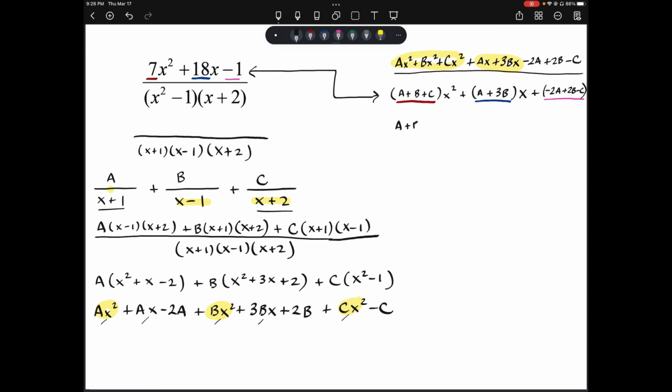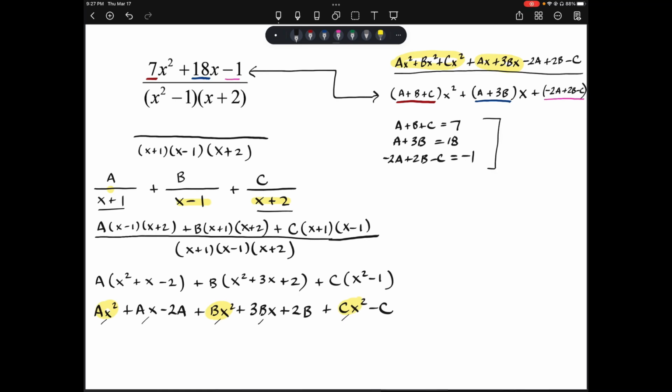So a plus b plus c is equal to 7. A plus 3b is equal to 18. And then we've got negative 2a plus 2b minus c is going to equal negative 1. And now you just have your system that you need to solve.